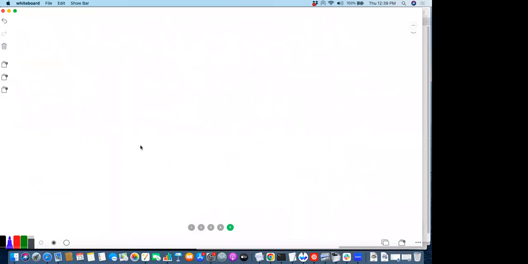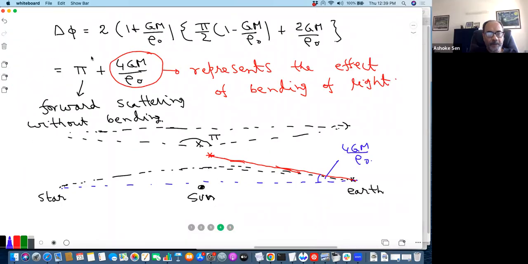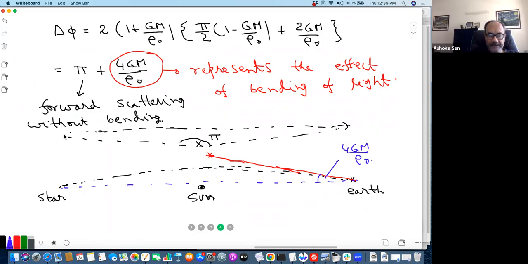Can I just ask you to explain that pi factor once more? The pi factor? Oh, the pi factor is that suppose there is no scattering, it just goes straight. Then the change in phi, look at the azimuthal angle measured from here. The azimuthal angle will be the angle that this line makes as it goes to infinity.